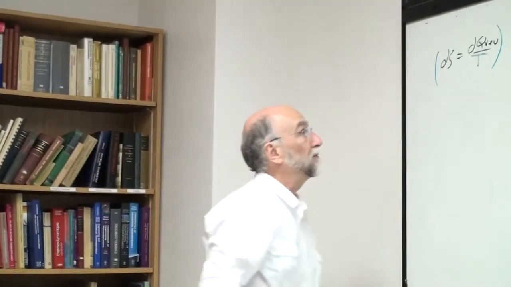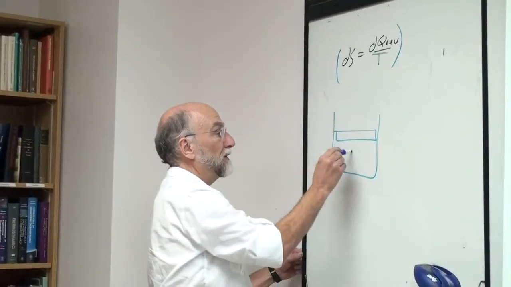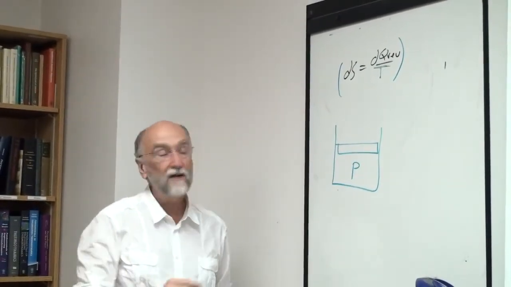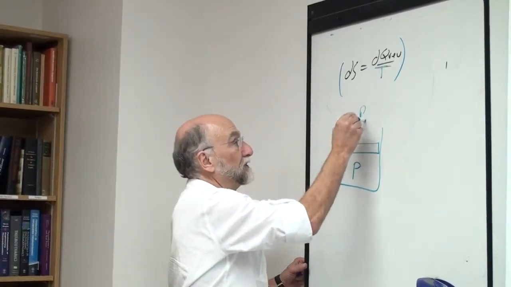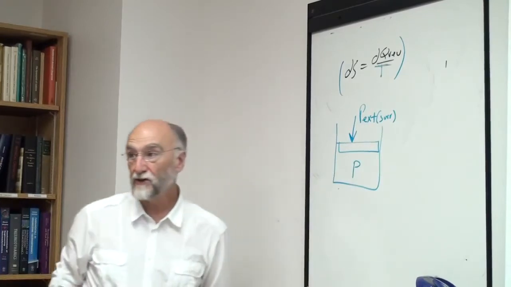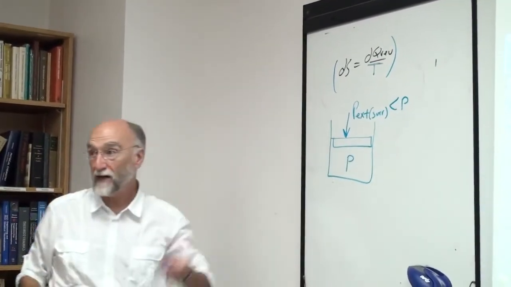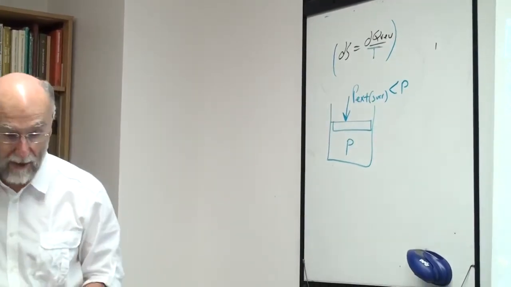Let's take the example of your piston expanding. Here we have a gas at an internal pressure P, and there's an external pressure, P external, or let's say P of the surroundings. P external is, say, less than P, so the gas expands spontaneously.